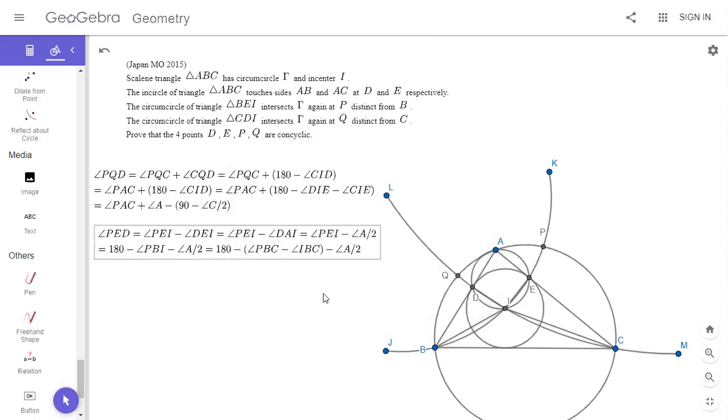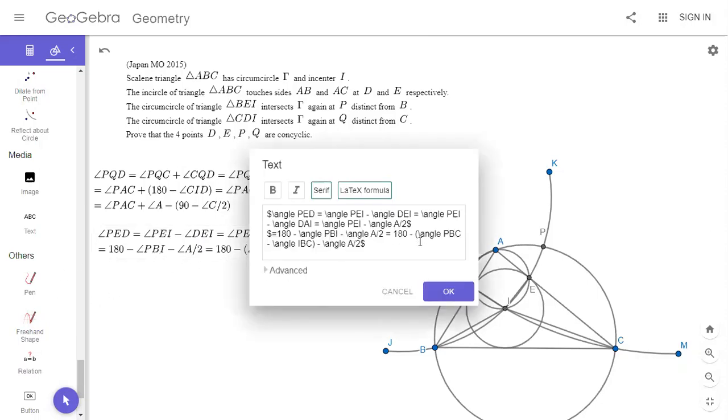And that's equal to 180 minus angle PAC minus angle B over 2 minus angle A over 2.